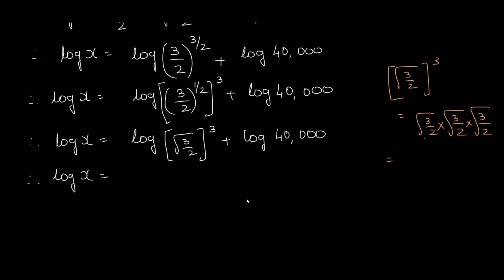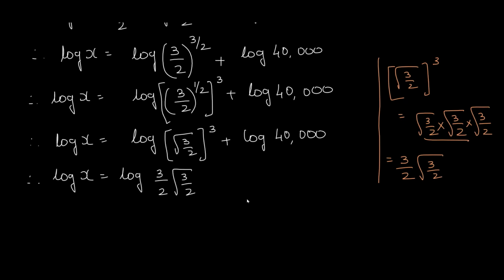Two of the roots can be combined, and thus we get 3 by 2 root 3 by 2. This is rough work. So inside the log we get log 3 by 2 root 3 by 2 plus log 40,000.